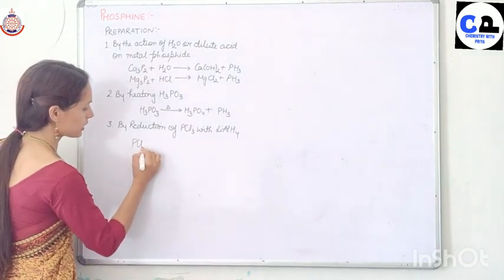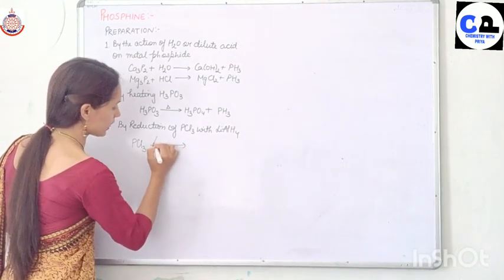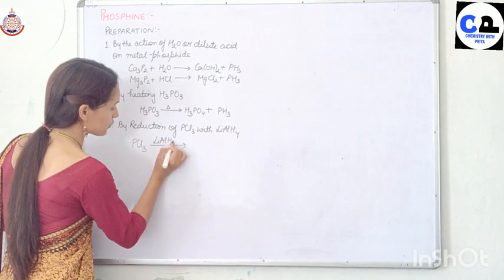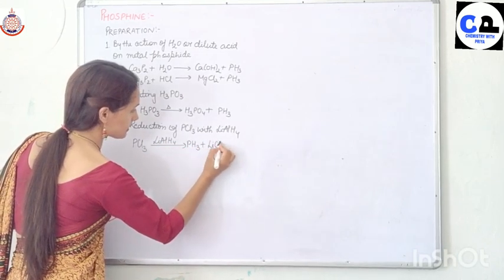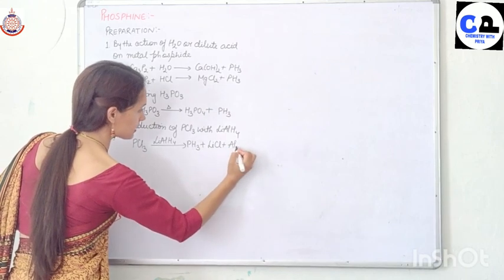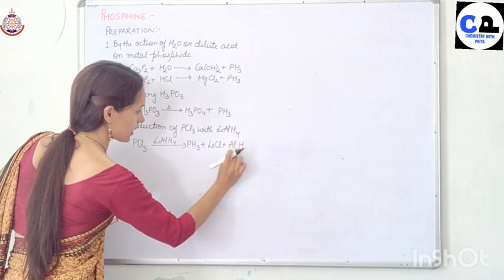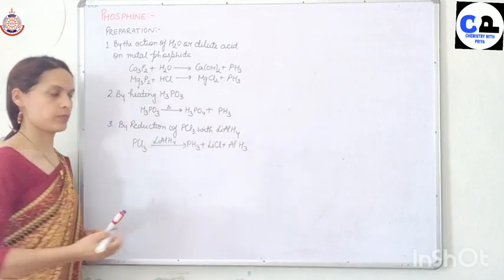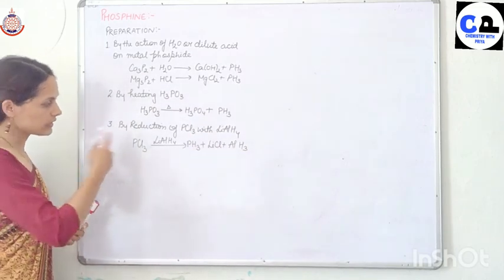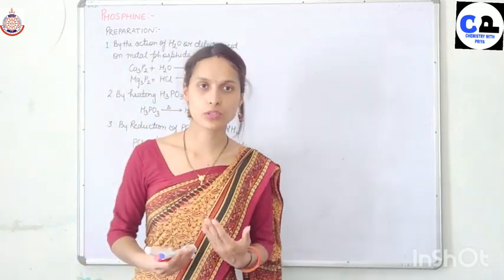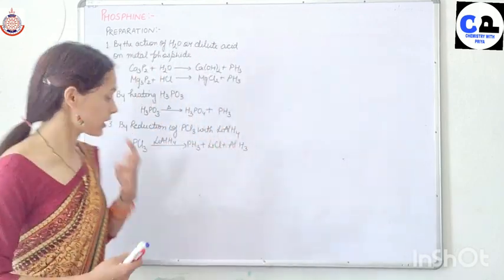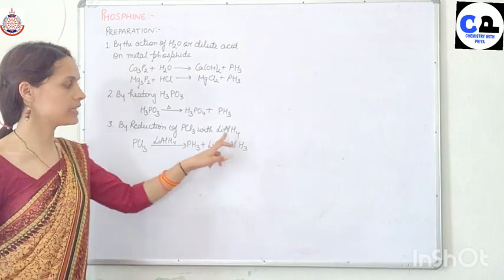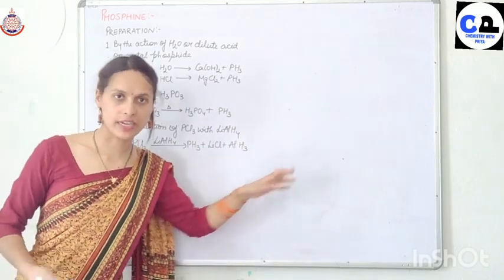When PCl3 undergoes reduction with LiAlH4, it forms PH3 plus LiCl plus AlH3. Clear? So in this way also we can prepare phosphine, by the reduction of phosphorus trichloride with lithium aluminium hydride.